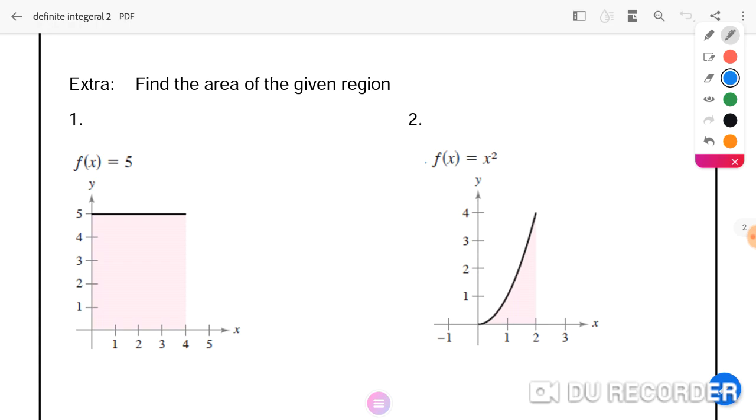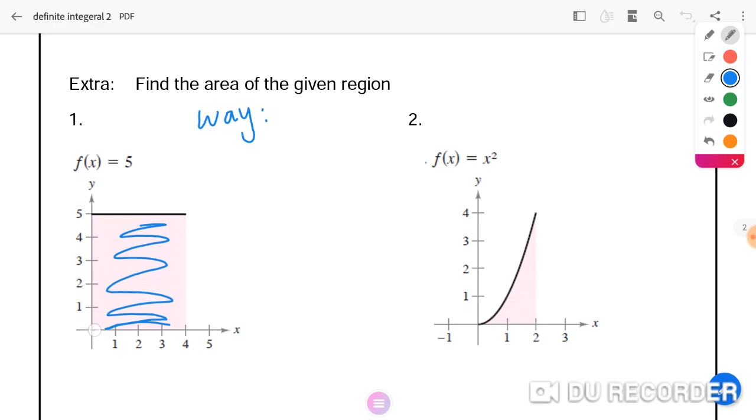In this case, as you see in problem number 1, we can use either of the two ways. Way 1, since the shaded region is one of the geometric figures, we apply the geometric formula.